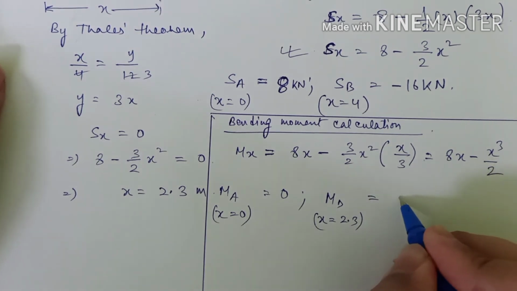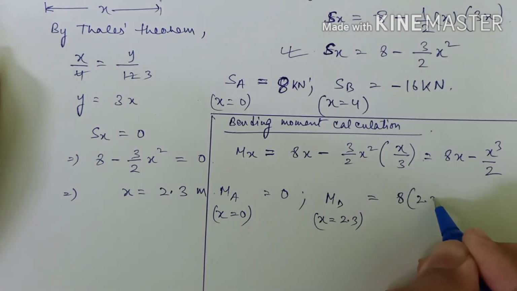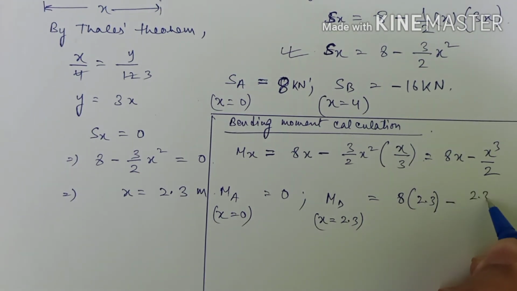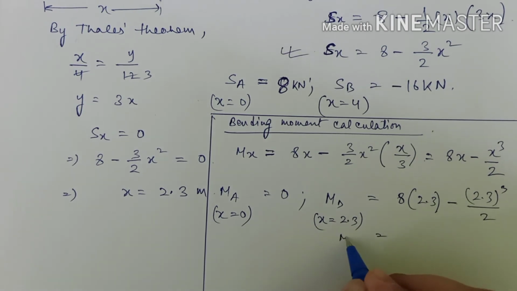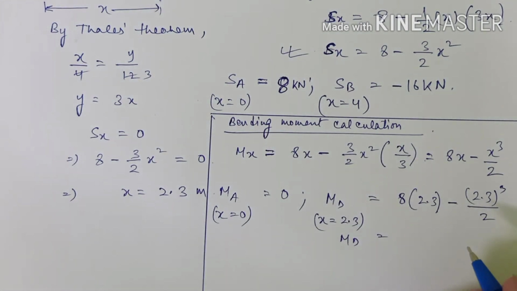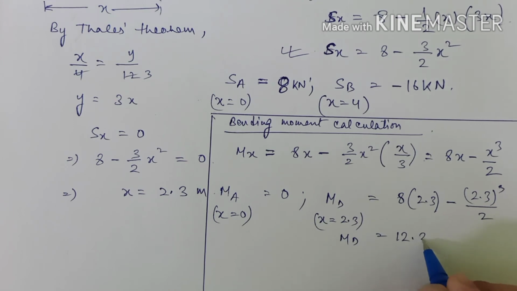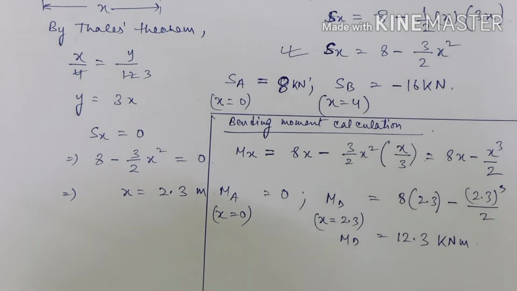If you put 2.3 here and 2.3 whole cube upon 2, you will get the value of MD as 12.3 kilonewton meters.